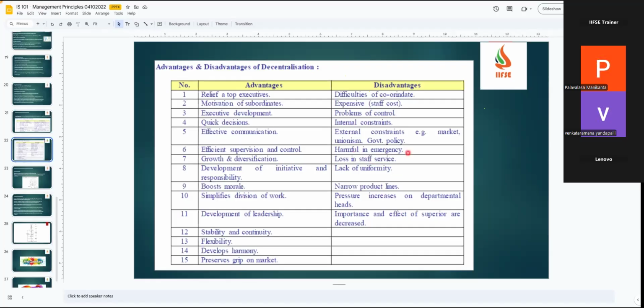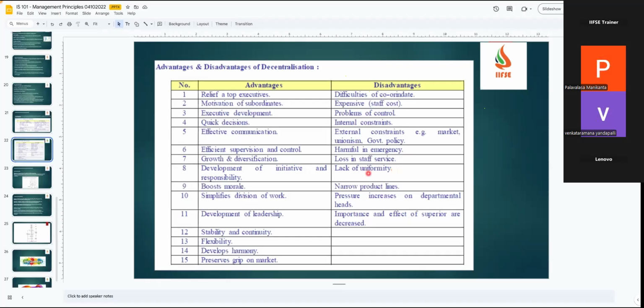Then harmful in the case of any emergency: when an incident happens, it is difficult to handle the situation. People may think that somebody else will take care of it, or somebody else will take the decision on what is supposed to be done.